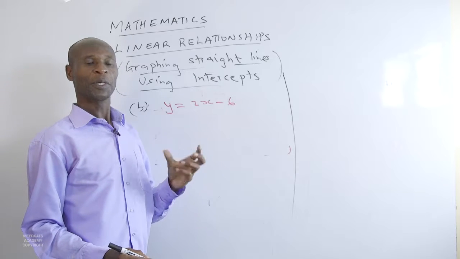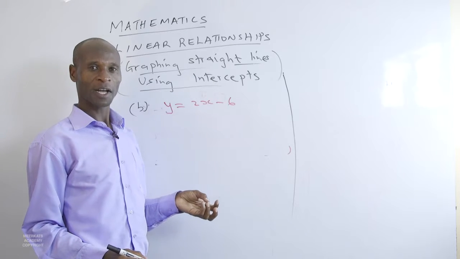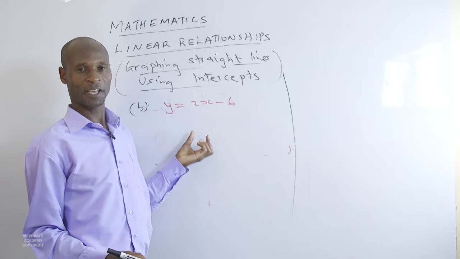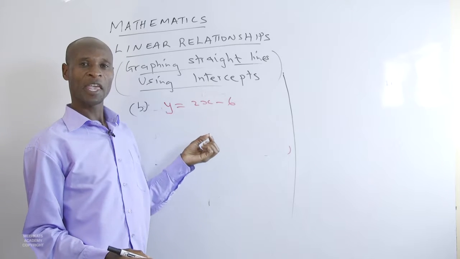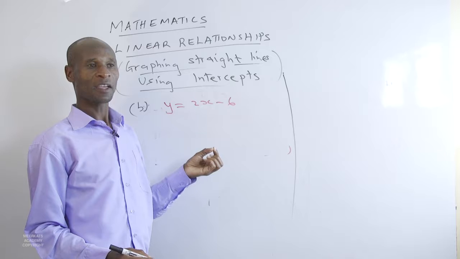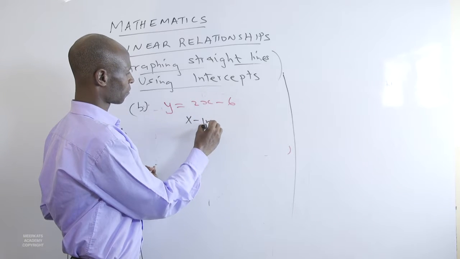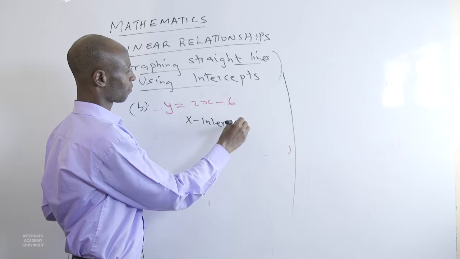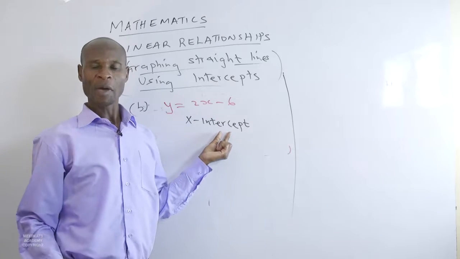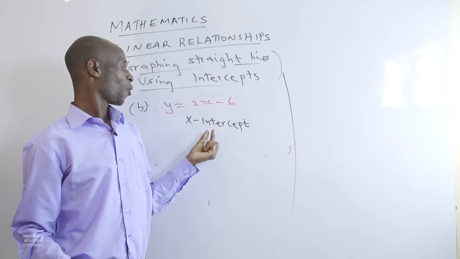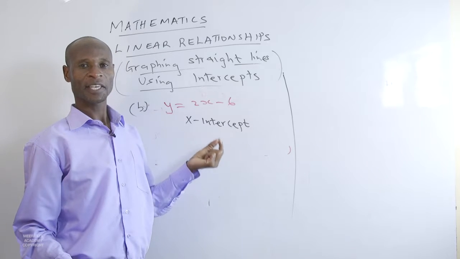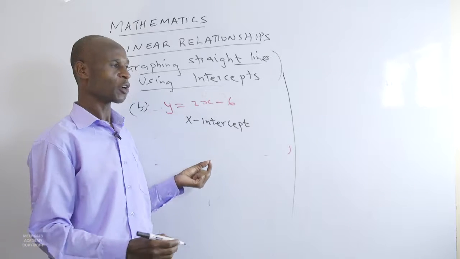What we do, we just repeat the same procedure the way we handled in case A. That is, we start with the x-intercept. As I mentioned earlier, with x-intercept, we set the value of y to be 0.